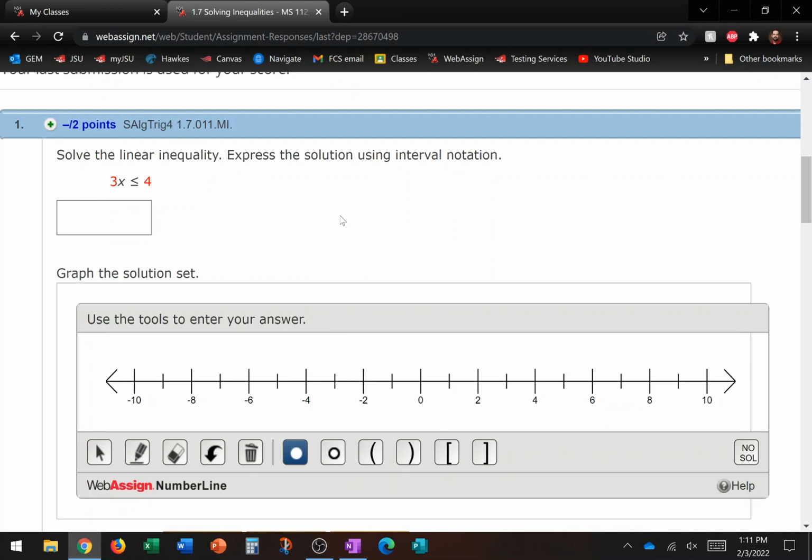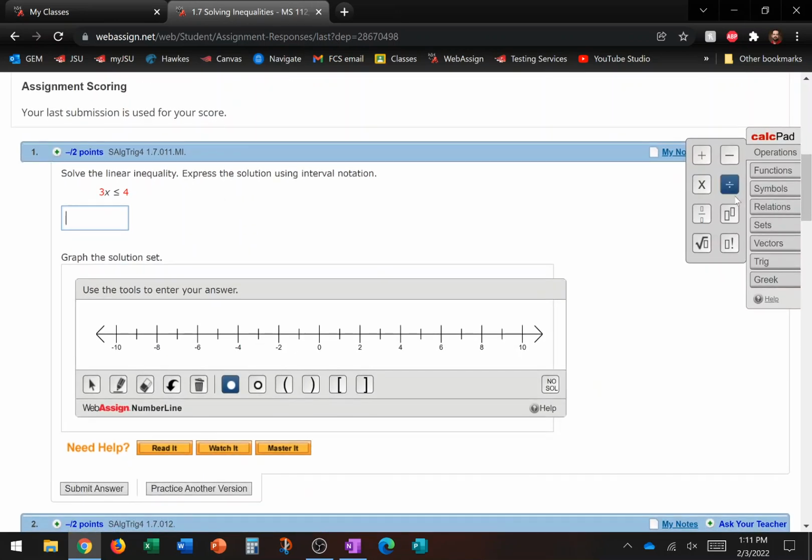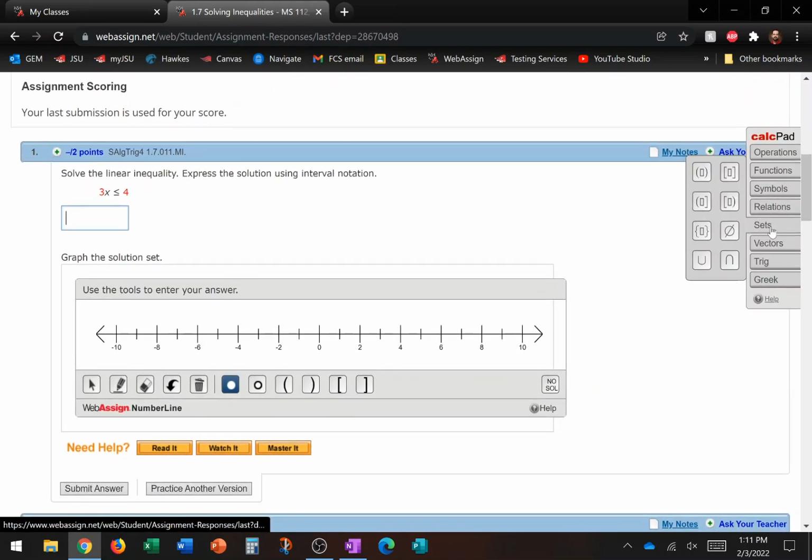So on this one, it's pretty easy to solve. One step, right? We'll have x is less than or equal to 4/3. With interval notation, you can use the little set button over here on the right, and then it'll have the parentheses and the bracket combinations that you need over there.